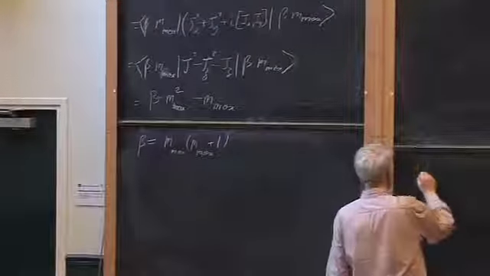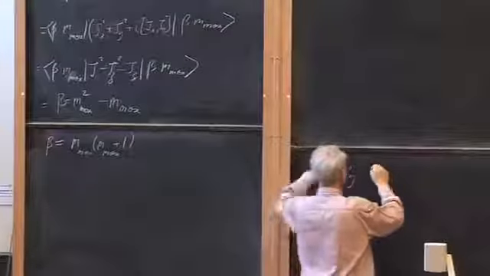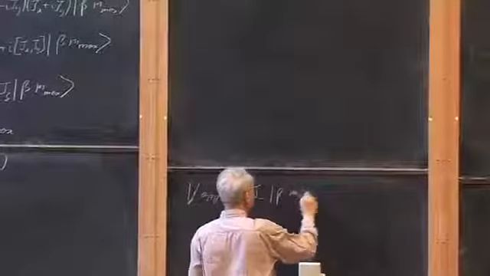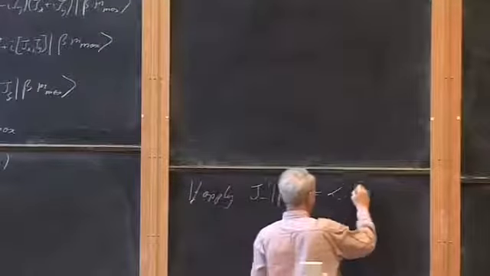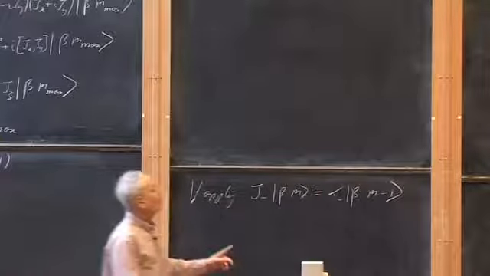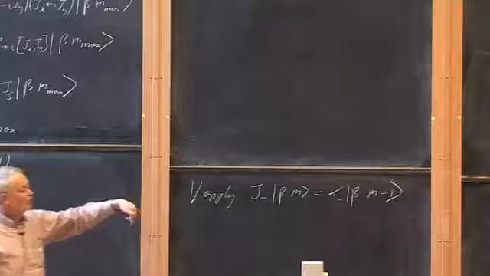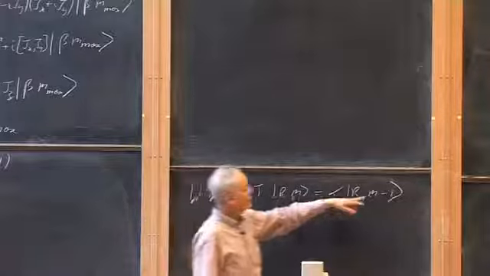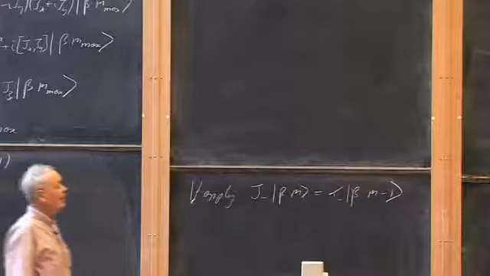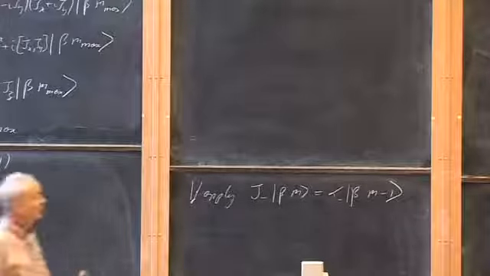So if we apply j minus to beta m, I claimed that this was alpha minus beta m minus 1. So let's imagine m starts off positive. As we take units from it, it's going to get smaller. And if we keep going, presumably it'll become negative, and m will be a negative number of growing magnitude.